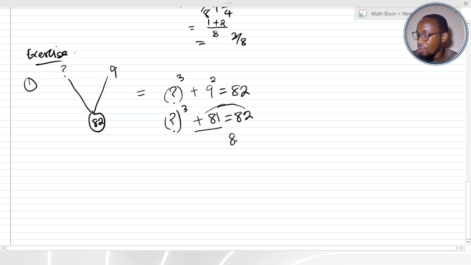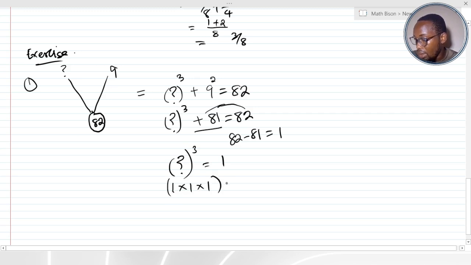So you have 82 minus 81 and you get what? 1. This cube should give us 1, and the number that can do that is 1 times 1 times 1. So 1 cubed is 1, right? So what you are looking for is 1. So here is 1.